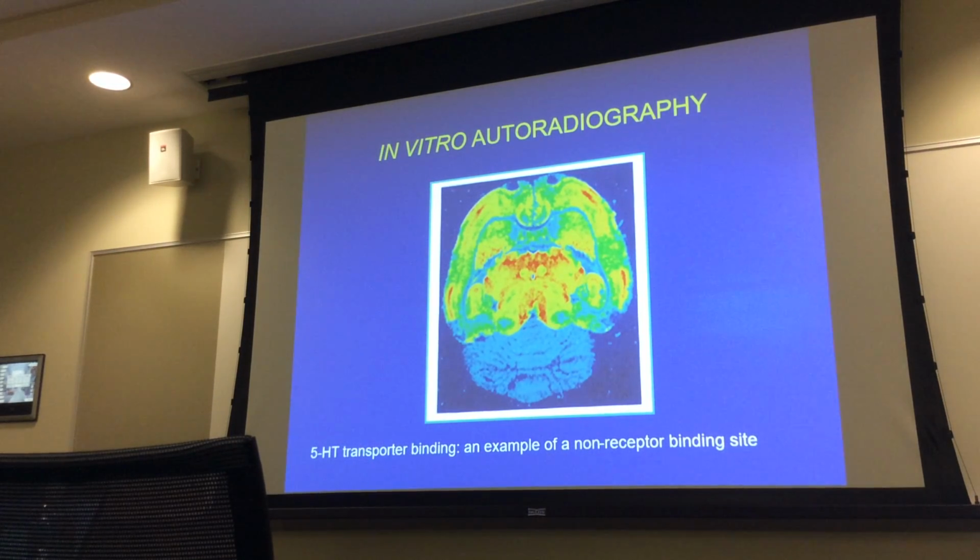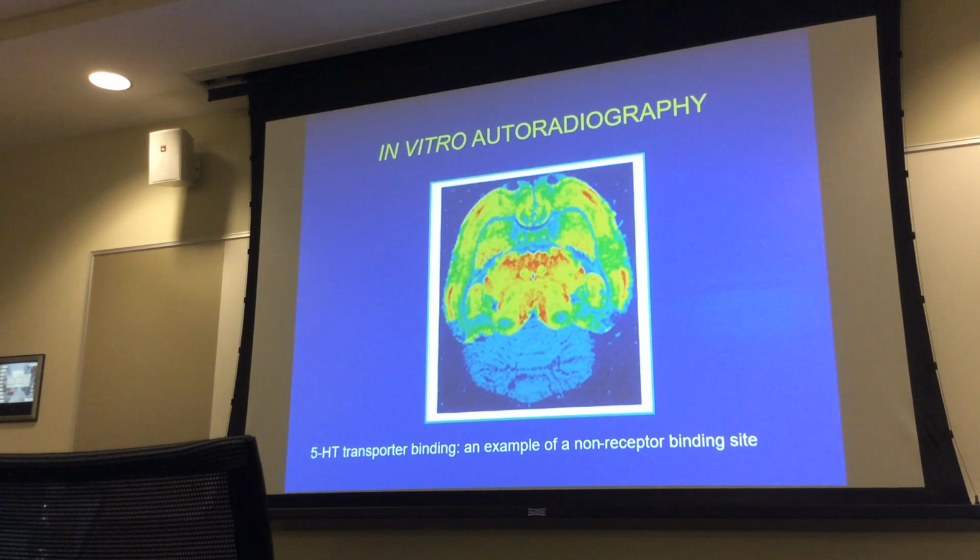So the brain contains a whole series of high affinity transporters for neurotransmitters. This particular one is for serotonin. Serotonin transporter is probably the number one drug target for developing novel CNS drugs. And why? Because antidepressants are inhibitors at serotonin reuptake sites.